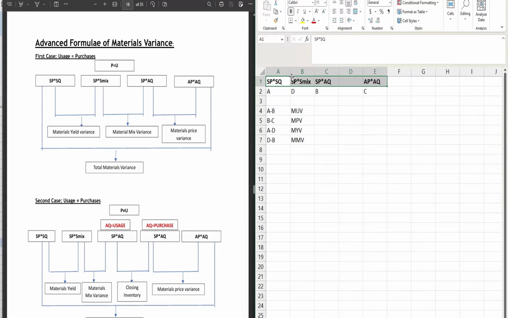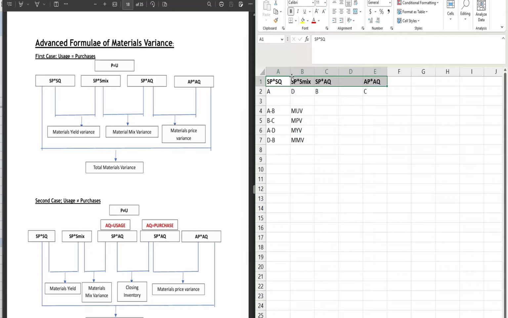But at the start, while we are preparing the budget, we decide we will use this much proportion of flour, this much proportion of sugar, or this much proportion of jeera in one cookie. We have decided in advance that this much proportion of different kinds of material will be used to produce one cookie.